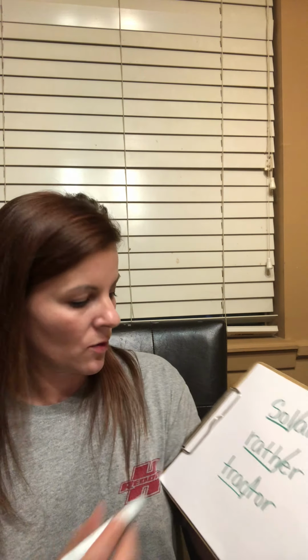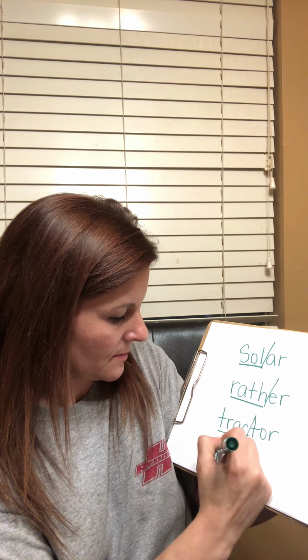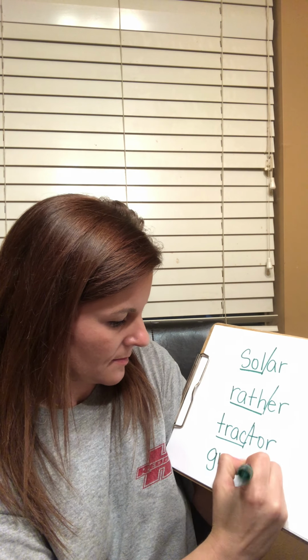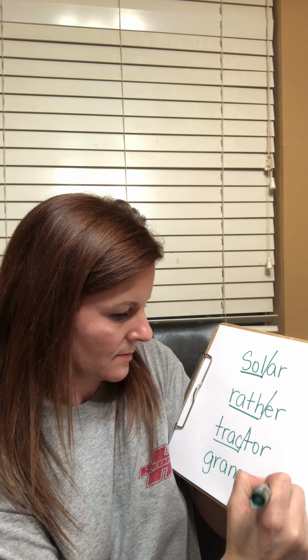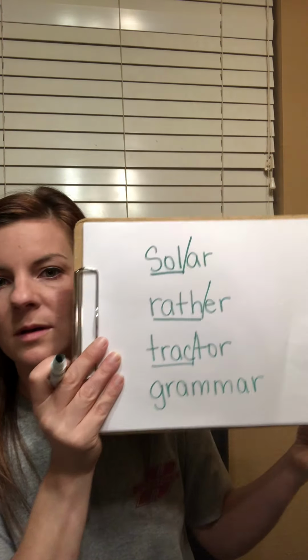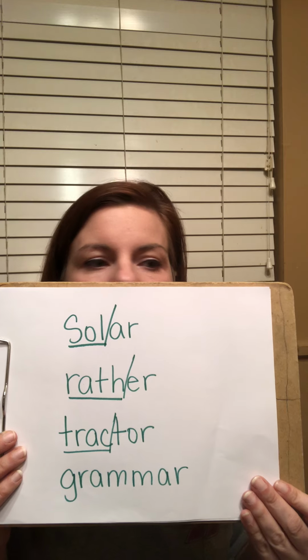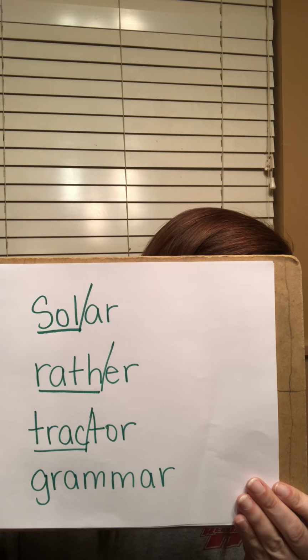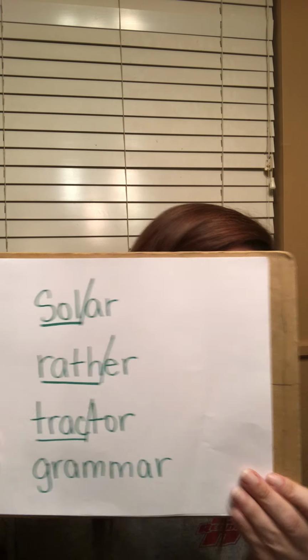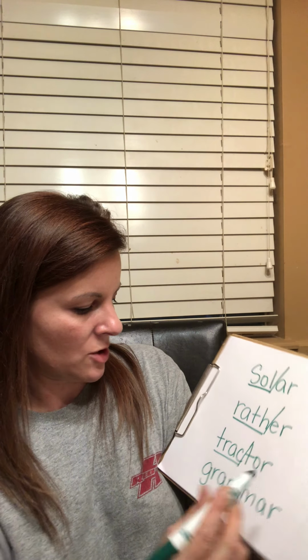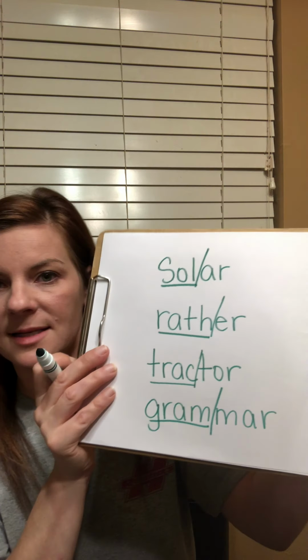And this next word is grammar. Grammar. Divide it by the syllables and underline the accented syllable. Yes, between the two consonants, and then this is the accented syllable. Very good.